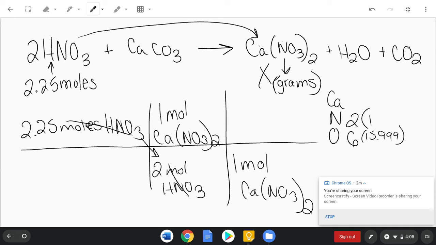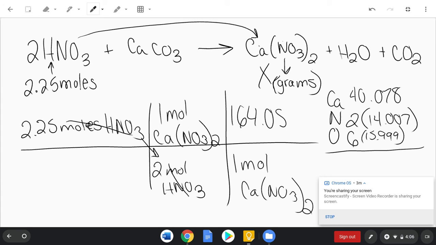Nitrogen is 14.007. And calcium is 40.078. So I'm going to type that all in my calculator. 40.078 plus 2 times 14.007 plus 6 times 15.999, and I get a total of 164.086 grams per 1 mole.